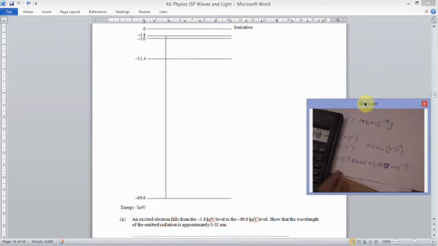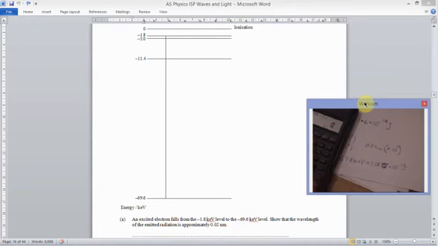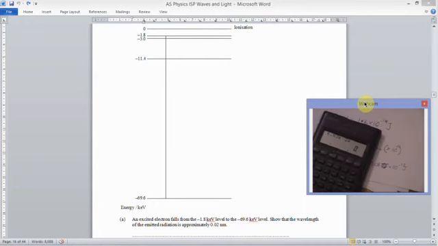So now we've got our energy, we can figure out our wavelength. These two just swap places in terms of the equation. So wavelength is equal to Planck's constant times speed of light divided by energy. So that's 6.63 times 10 to the minus 34, multiplied by 3 times 10 to the 8. Okay, so that's the top line.